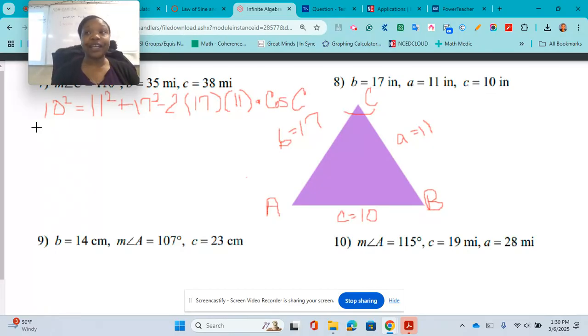All right. In our calculator, I will want to put in the 10 squared, which I already know is 100, 11 squared plus 17 squared, and the negative 2 times 17 times 11. 11 squared plus 17 squared is 410.